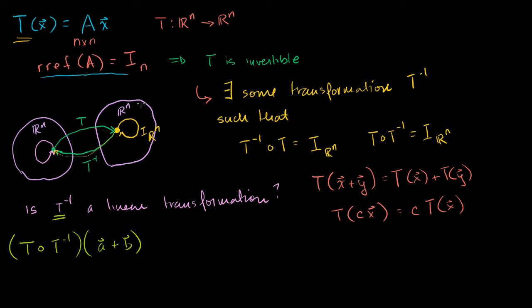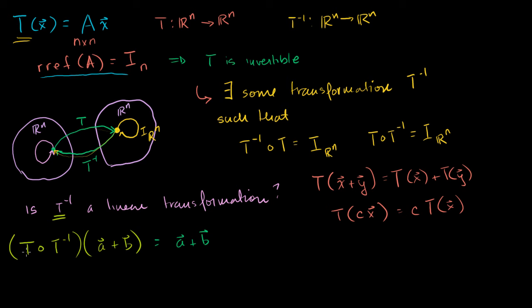Okay, so what is this going to be equal to? Well, by definition of your inverse transformation, this is going to be equal to the identity transformation on your codomain. So assuming that these guys are members of your codomain, in this case Rn, this is just going to be equal to a plus b.